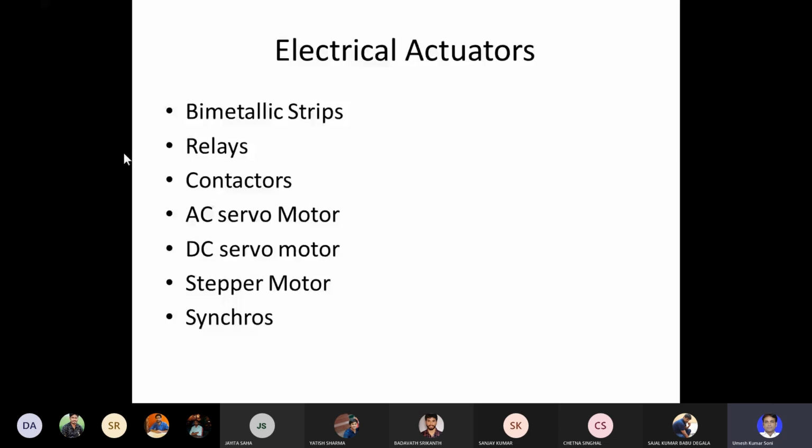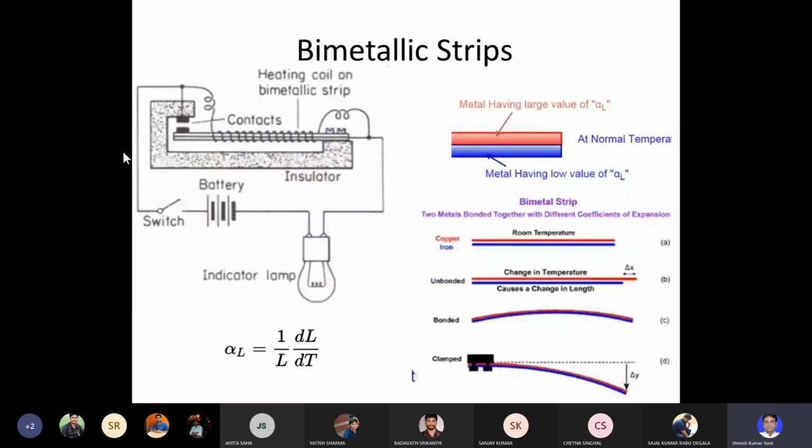Here also we have the electrical actuators: bimetallic strip, relays, contactors, AC servo motors, DC servo motors, stepper motors, and synchros are some of the electrical actuators. So this is a bimetallic strip. Here the bimetallic strip works on the principle of the coefficient of heating.